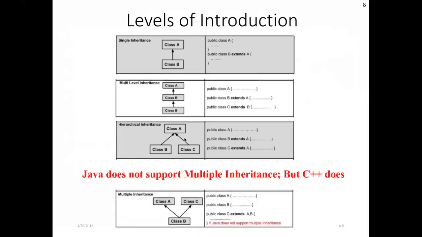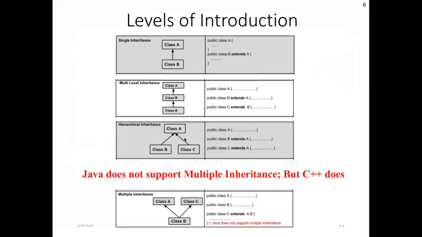Okay, for instance, if my grandfather has some property and my father gets that, I will get that. Maybe my father got that property from my grandfather. You usually know that, right? In real life. Okay. This is also possible. There may be one base class and there may be multiple child classes.